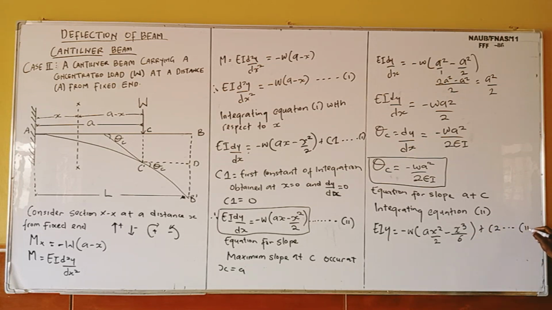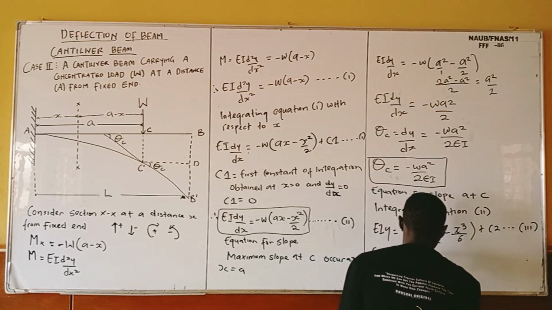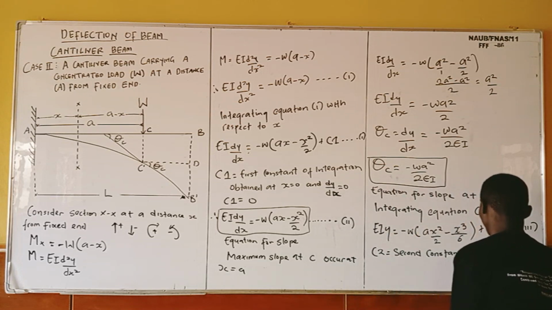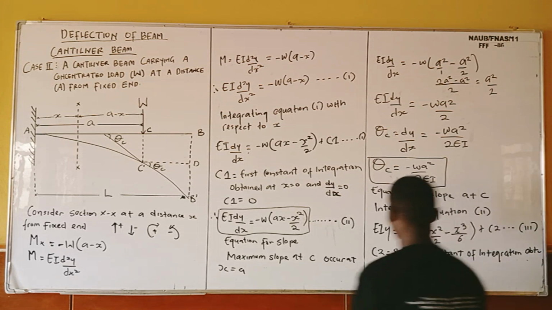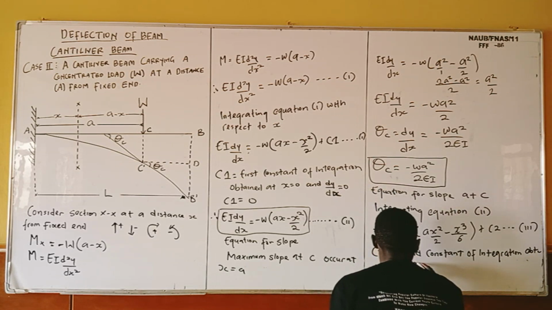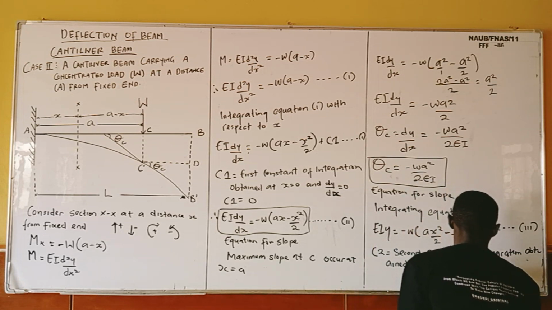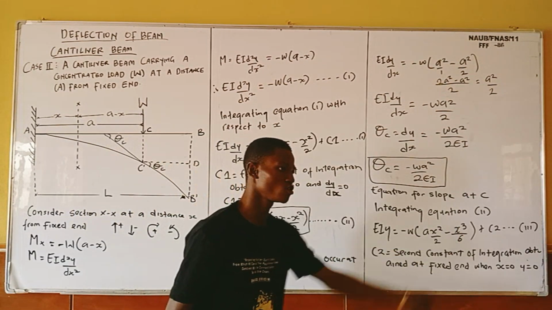Let me name this our equation 3. For us to find our constant C2, C2 is obtained when x equals 0 and y equals 0.